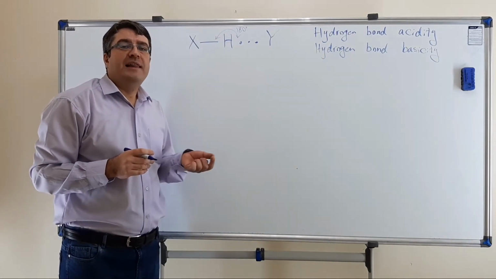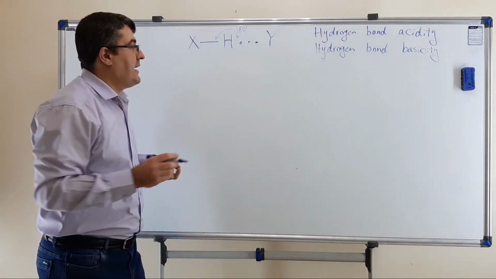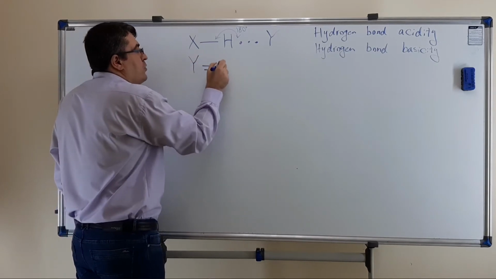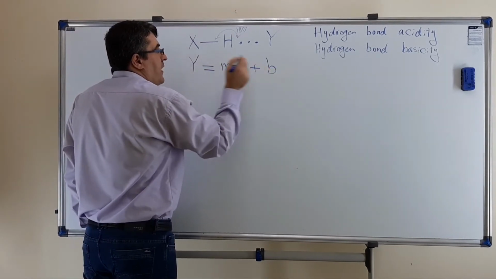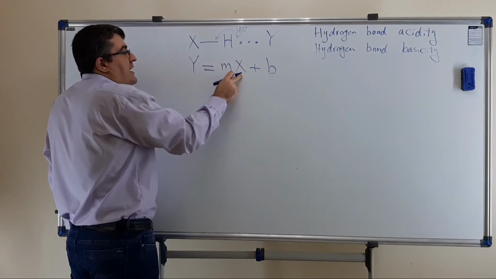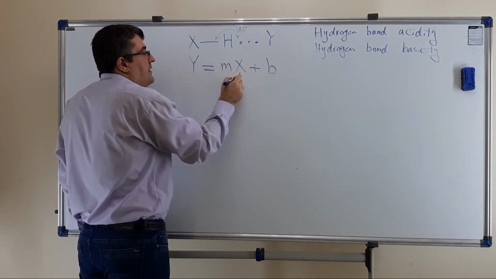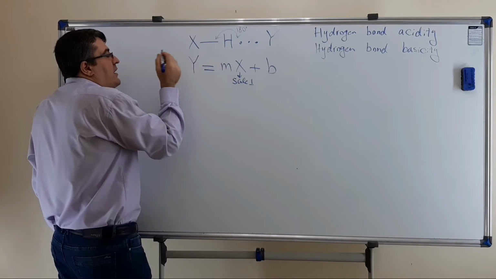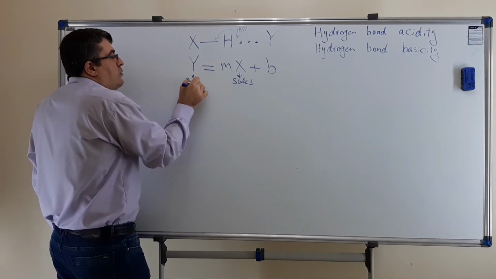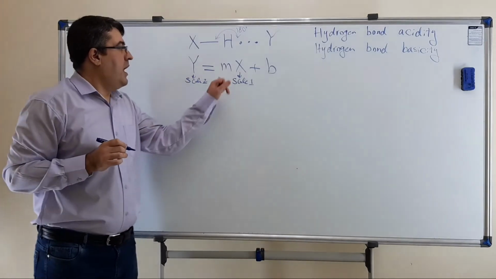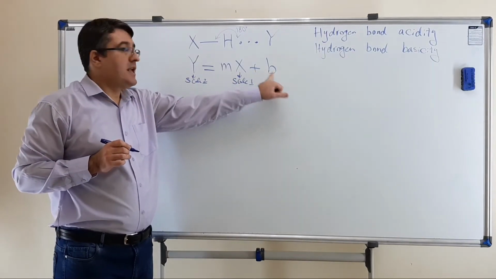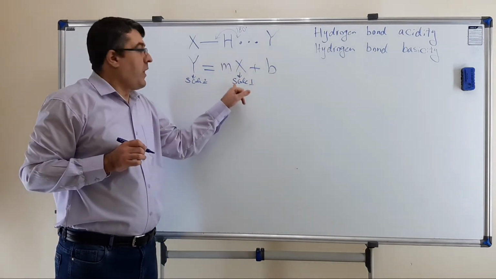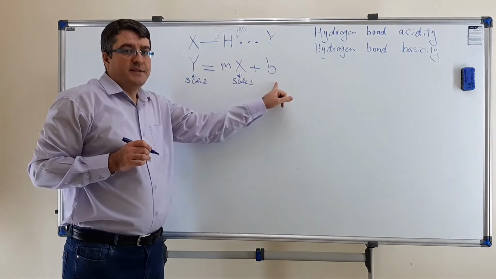The general form of a linear relationship between two scales can be written as follows. Y is equal to mx plus b, where x represents values of one scale, for example, scale 1, and y represents values of the other scale, for example, scale 2. M and B are constants which depend on the choice of scales. M is the slope and B is the intercept.